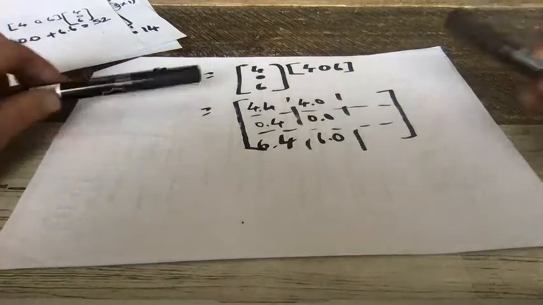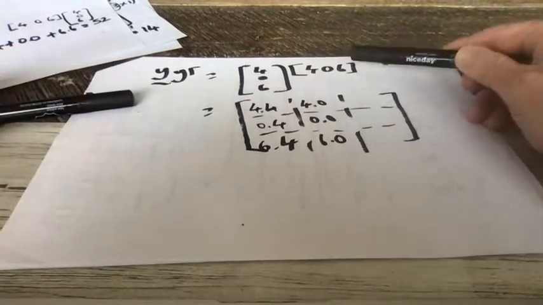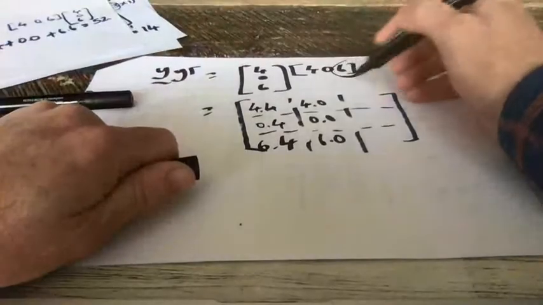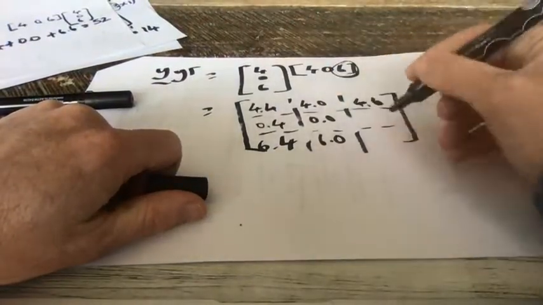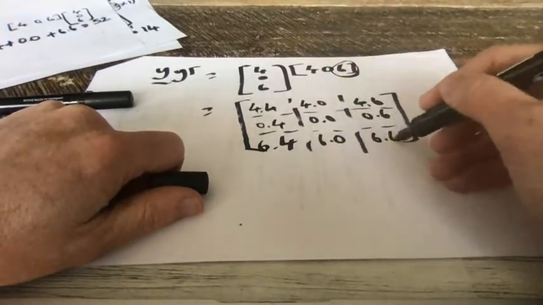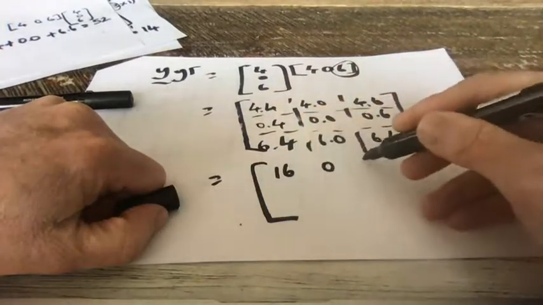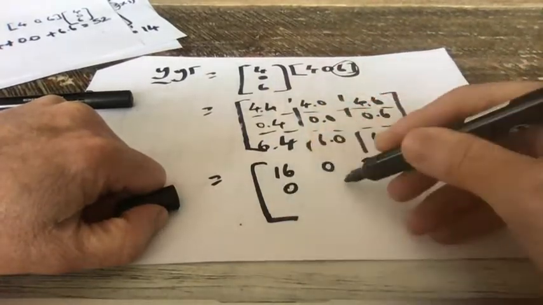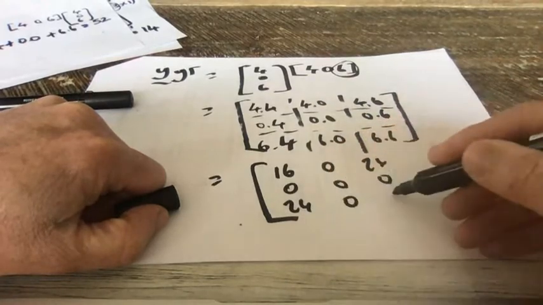And finally, to get the last column in your product matrix, you look at the last column, which is 6, and you multiply each of the elements by 6. So you get 4 by 6, 0 by 6, and 6 by 6. So finally, what you get is 16, 0, 24, 0, 0, 0, 24, 0, and 36.